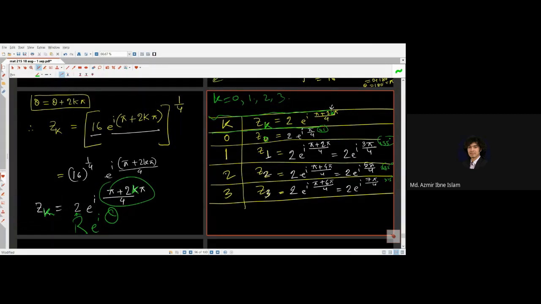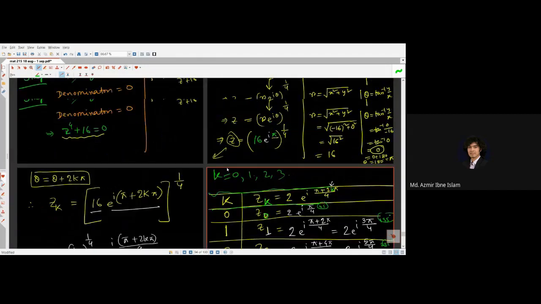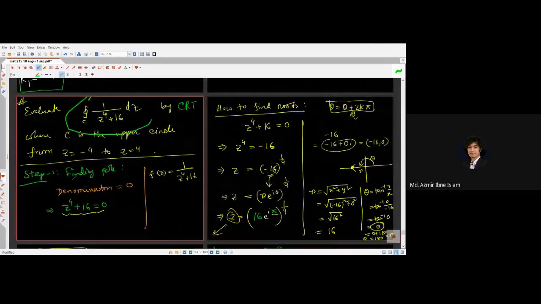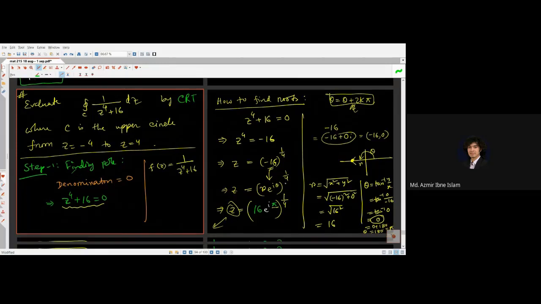But don't forget that we are in Cauchy's residue theorem. So we have to go a long way. Our target is to solve this integral. But for solving this integral, at first we have to find a pole, and this pole is becoming an equation. From this pole, that means from the denominator, we have this part. So that is one equation.